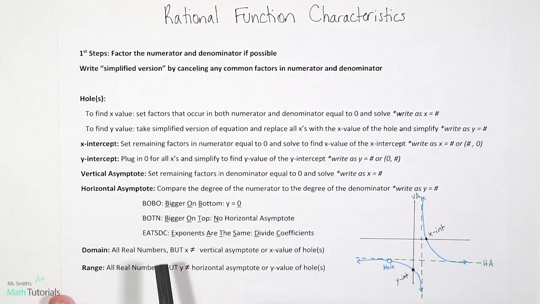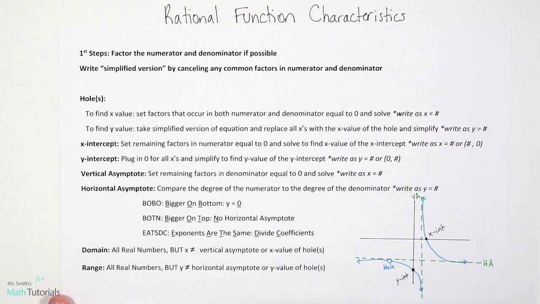And then the third option is EATSDC. So that would be if when you compare the highest exponent in the numerator and the highest exponent in the denominator, the exponents are the same. So that's our EATS, exponents are the same. Then what we do is DC. We divide the coefficients.